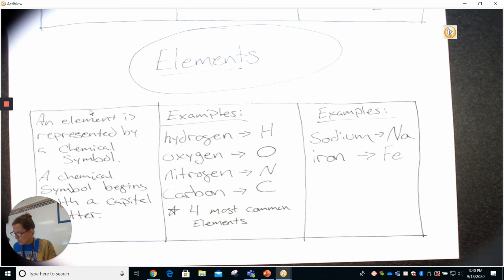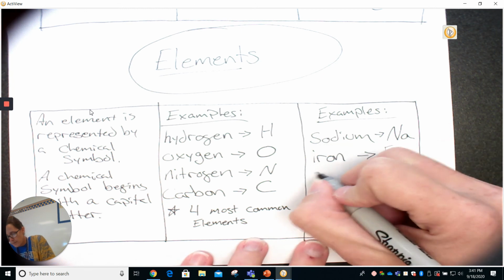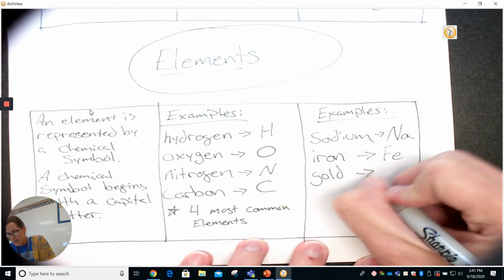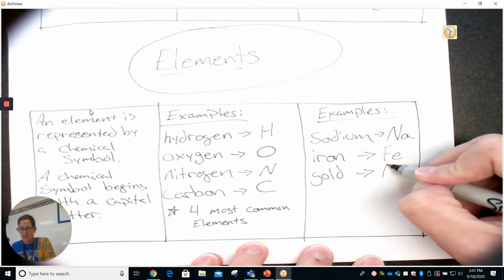Okay, the next one I want to talk to you about is gold. So I'm going to tell you a little bit of story about gold. When I was in 6th grade, we were learning the same things that you're learning right now, and I was in 6th grade a long time ago. But my teacher told me about the chemical symbol for gold. Gold, the chemical symbol is AU.